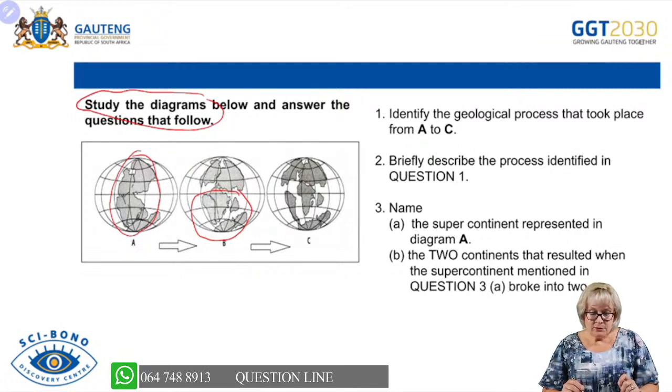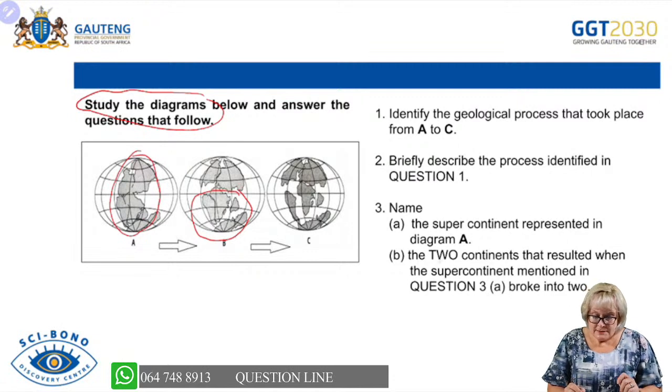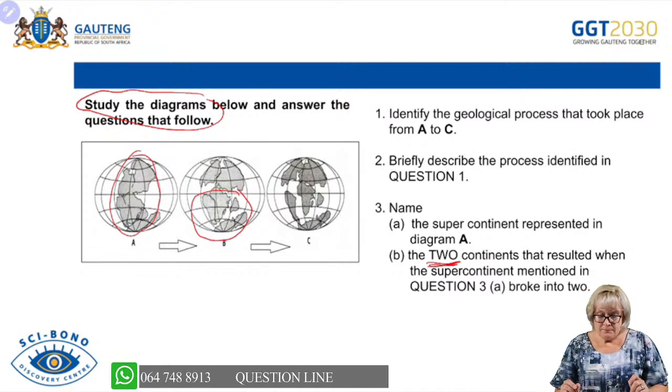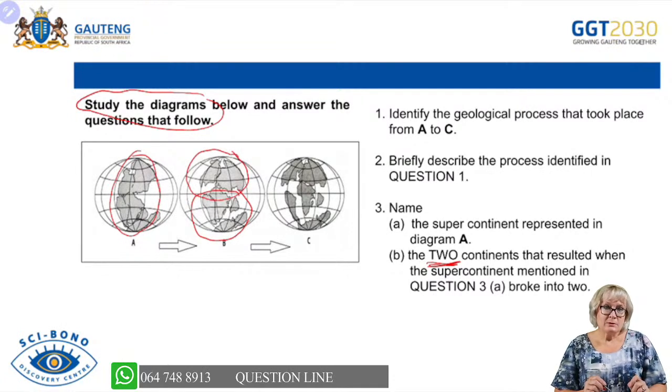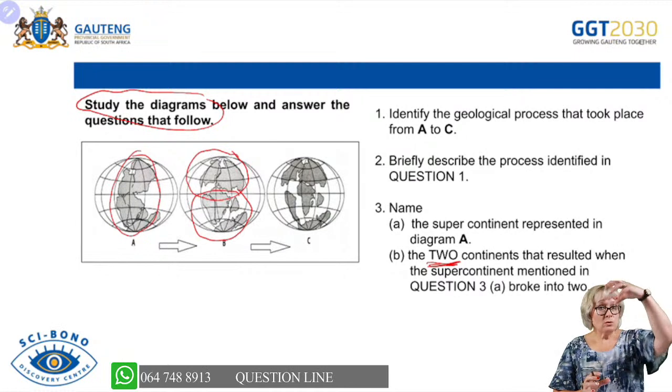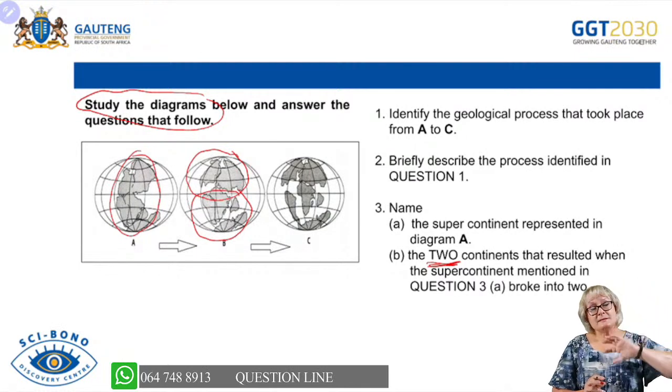All right, so then 3B, the two continents, so now you must give two answers that resulted when the supercontinent mentioned in question 3A broke into two. So they want to know from you, what is this piece called and what is the bottom piece called? Remember, the piece in the north is called Laurasia, and the piece in the south was called Gondwana land.